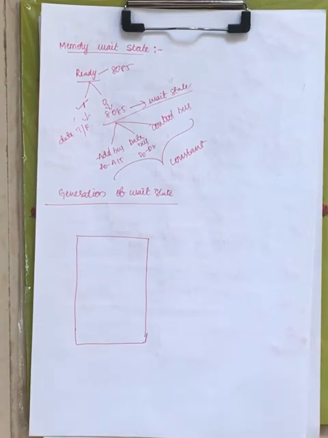When speed varies, it takes longer time to read or write the data.